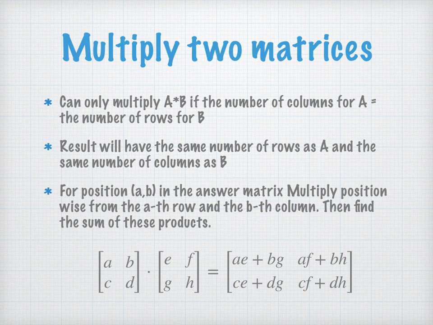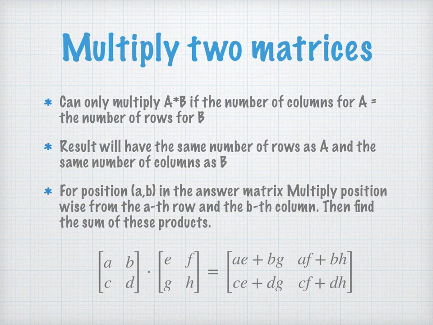Now, for my row 1, column 2 element, I will use row 1 again from my first matrix, and then column 2 from my second matrix. So I have A times F, and B times H, and I'm going to add them together. And then when I start working with row 2, my row 2, column 1 item, I will use row 2 from my first matrix, column 1 from my second matrix, multiplying piecewise together and then adding things together. And I continue that for the problem.